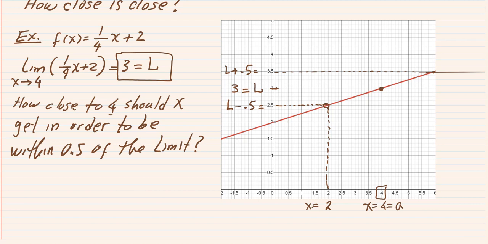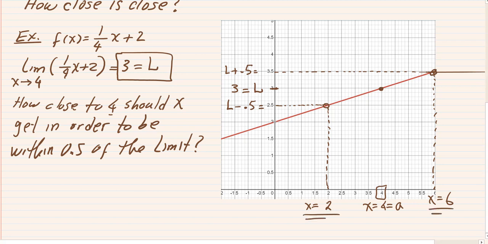And then if I continue on down this way, I actually come to 6. This is x equals 6. Now, in order to answer the question, how close to 4 should x get in order to be within half a unit of the limit? Well, it looks like I need to be within 2 units of 4, don't I?